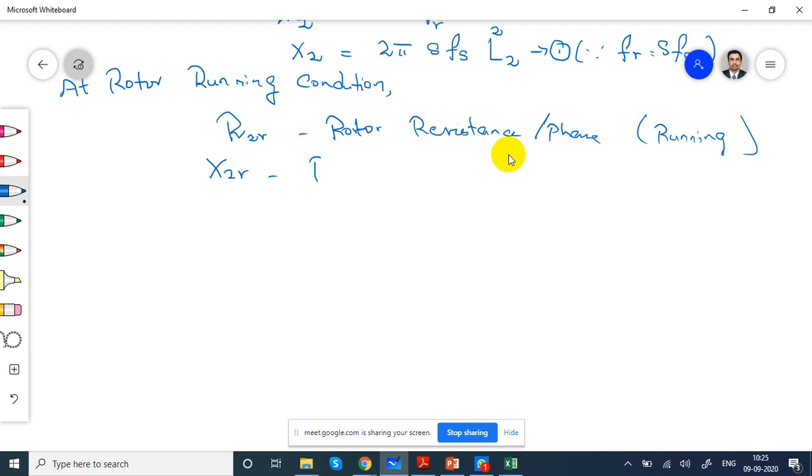X2R is the rotor reactance per phase during running.